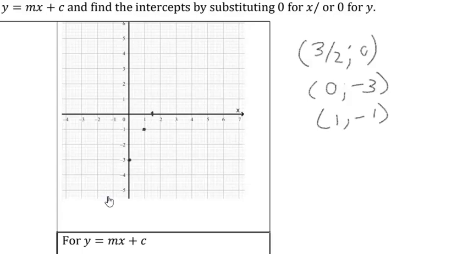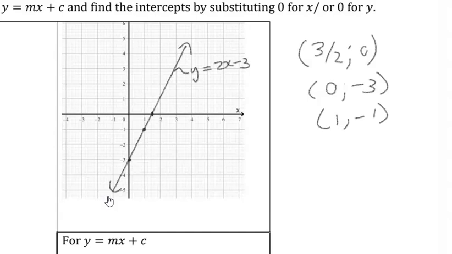I can draw a straight line through these points, and if they all lie on the same straight line, then I know my computations were correct, and then I just label my graph, and then I'm done.